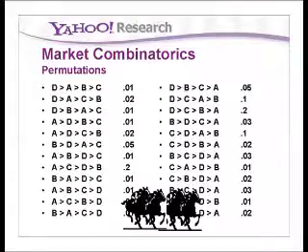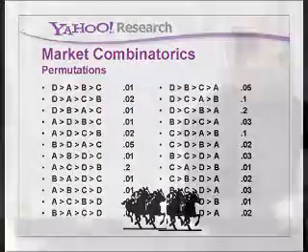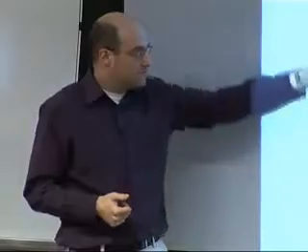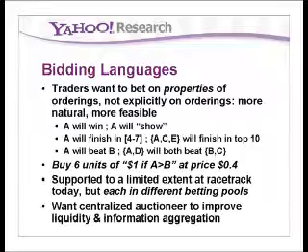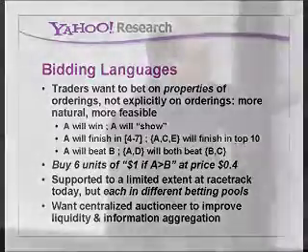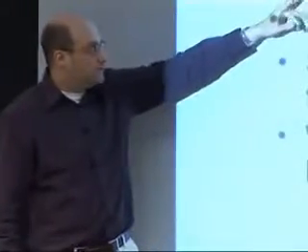As the number of horses goes up, the number of orderings grows as n factorial. So eventually we do want probabilities on every possible thing that might happen. But of course, people don't want to give those probabilities. They want to give high-level things like the probability that A will win the race, or the probability A will finish in some range, or the probability that A will beat horse B. These are the bids that are coming in, the bets.